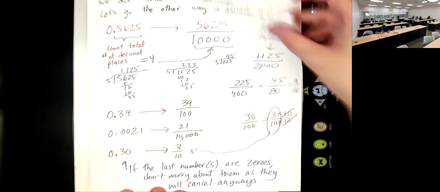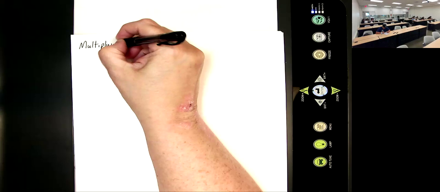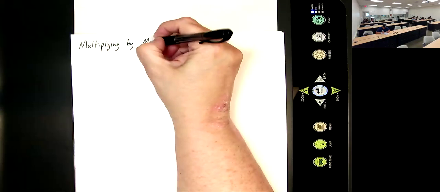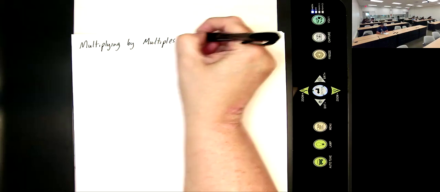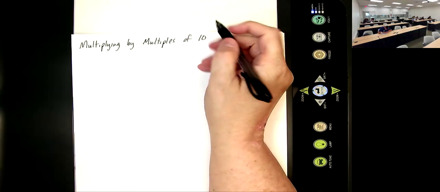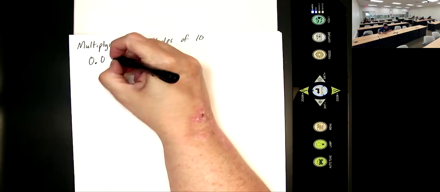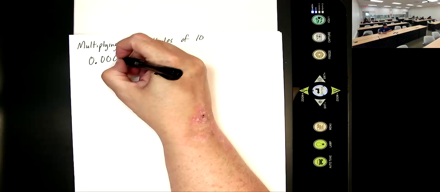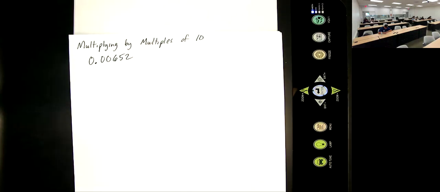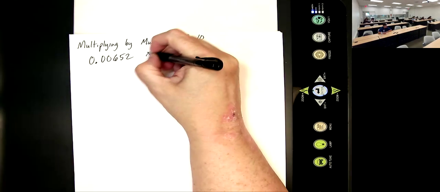Let's look at multiplying by powers of 10, or multiples of 10. So let's say I have 0.00652, and I multiply this by 10,000.